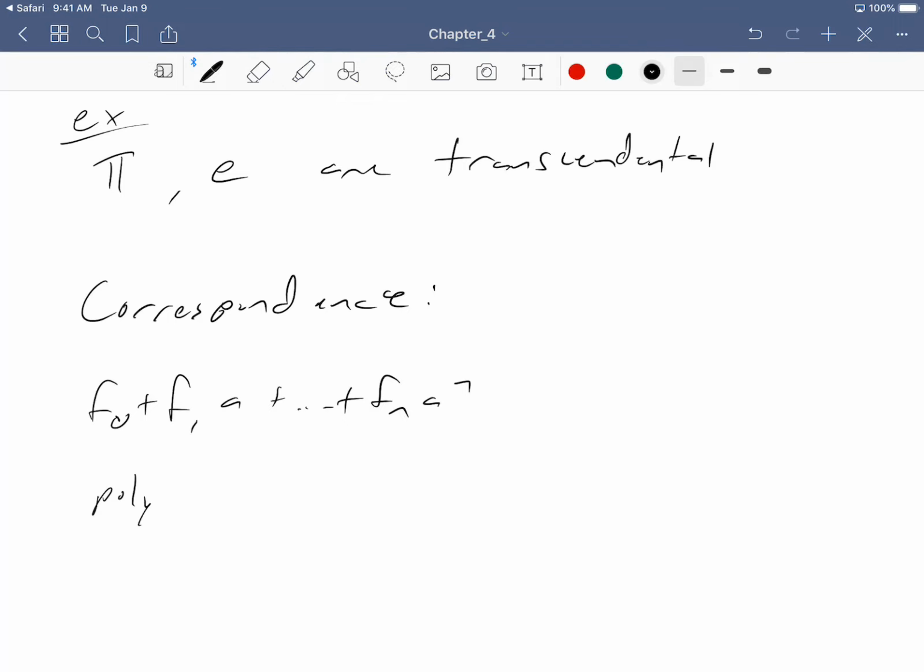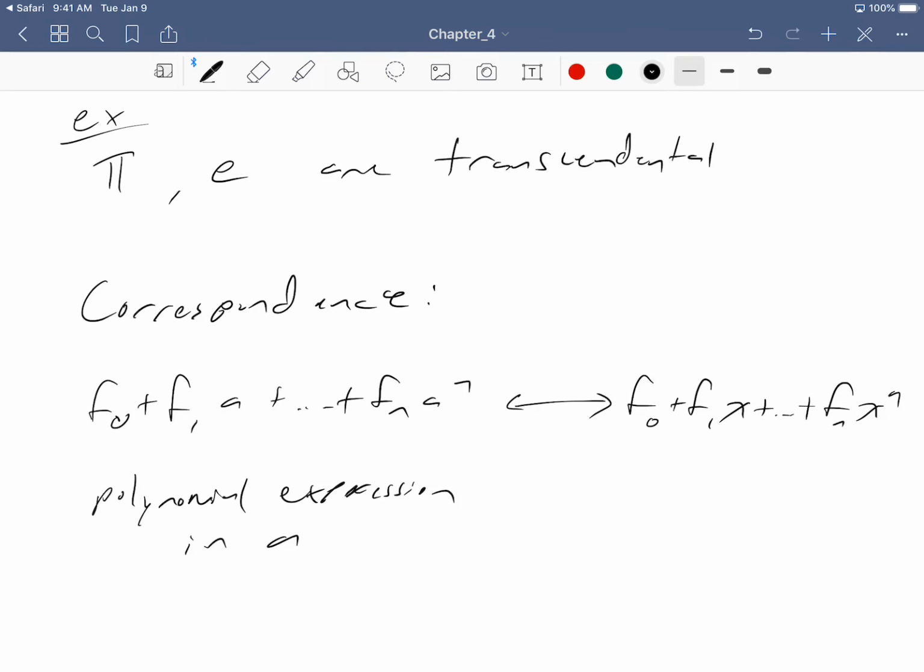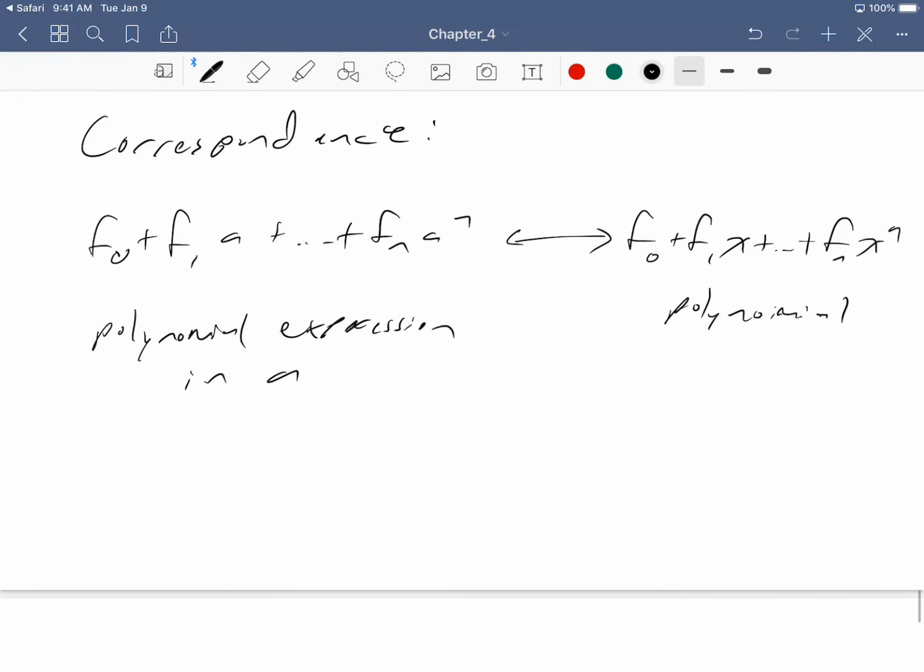That's a polynomial expression in a, and it corresponds to a polynomial f0 plus f1 x plus dot dot dot plus fn x to the n, a polynomial with the variable x. One way to think about it is you're taking that polynomial and plugging a in to get that correspondence.